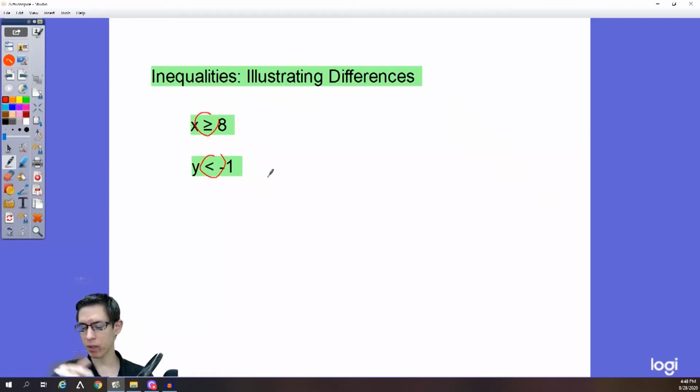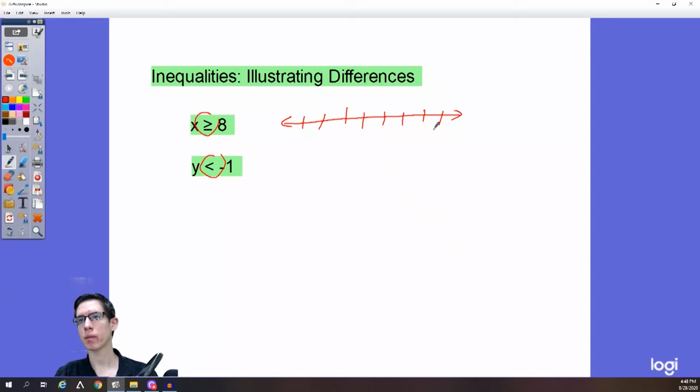So first, before we get into solving them, why don't we talk about how to illustrate them, how to represent that the values that are present in our inequality have meaning. The most common way to illustrate an inequality is to start with a number line. So let's do that. Let's draw out a straight line here, and let's put some tick marks on that straight line.